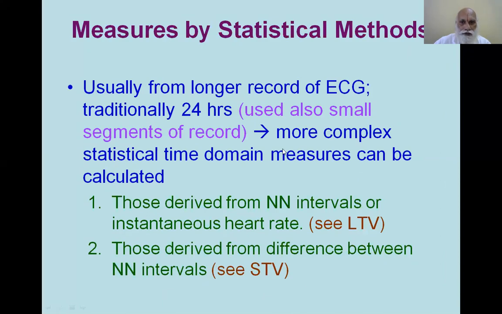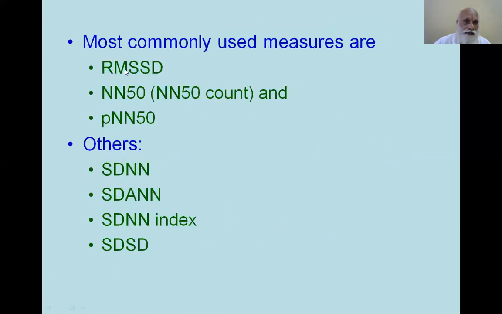So here, the more complex time domain measures can be calculated, and you can see those derived from the NN intervals, which I have just shown you. And there is a difference between each successive interval, those derived from the difference between the NN intervals. These are the two ways you can use the recorded ECG.